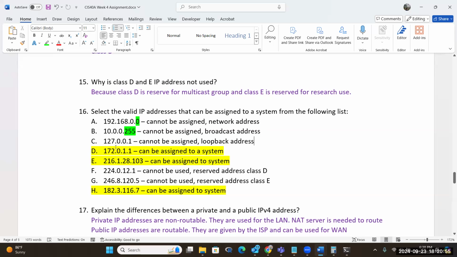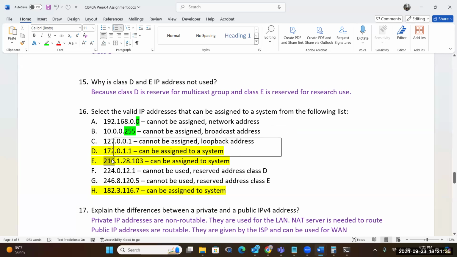Okay. For D, yes, we can use this. 172.0.1.1, it can be assigned. Why? Well, there's a proper host ID and network ID. So the last octet is not 0 or 255, and the first octet is not in the forbidden values, like loopback or D or E. Then 16E, yes, right?